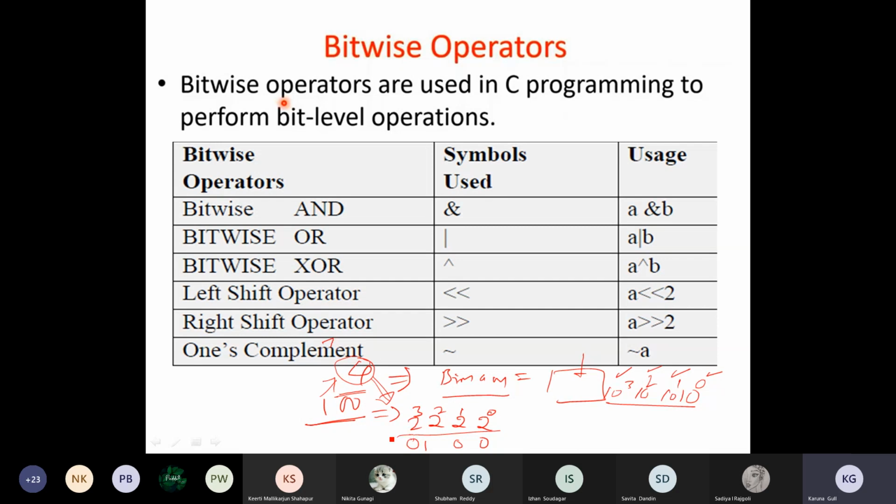This is 2 raised to 0 multiplied by 0, this is 2 raised to 1 multiplied by 0, and 2 to the power 2 is 4, multiplied by 1 yields 4. In decimal, 100 is so because the 1 is placed in the 10 to the power 2 position, that is the hundreds position. This is how, in a similar fashion, we write the binary number also. The system does the same thing and gives you the binary number.